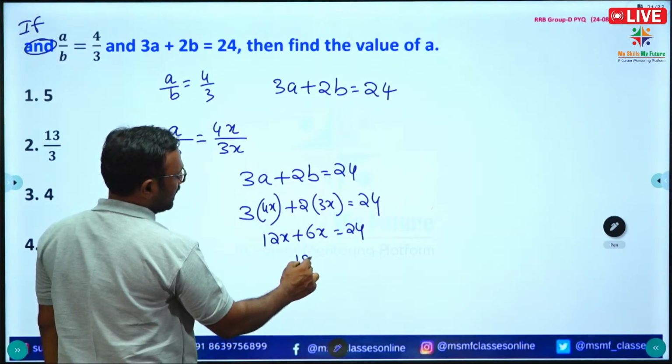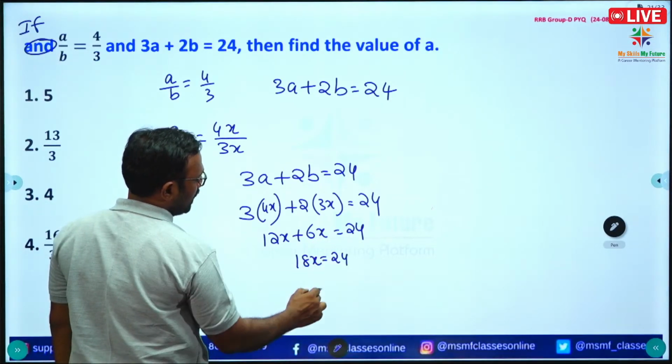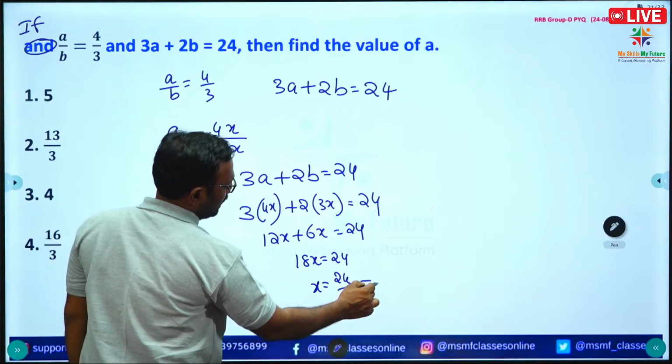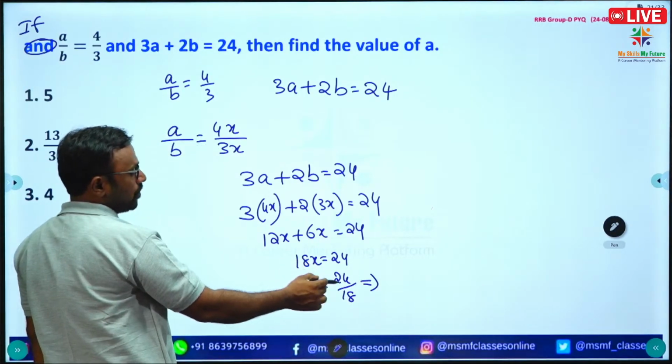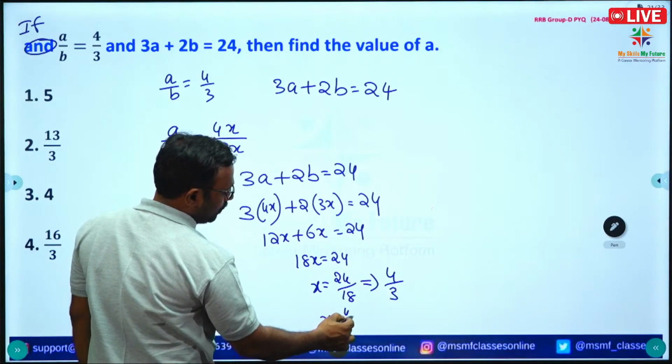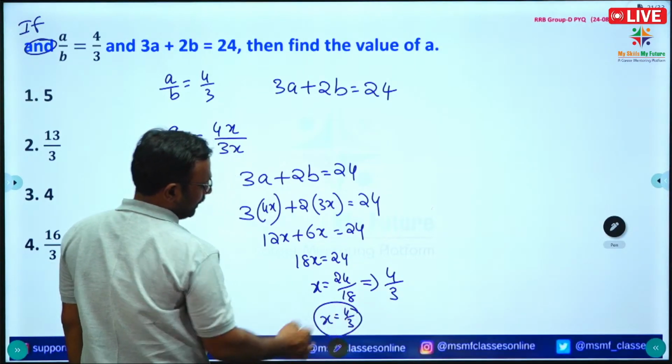So 18x is equal to 24. x is equal to 24 by 18, nothing but 6 4s are 24, 6 3s are 18. So x is equal to 4 by 3.